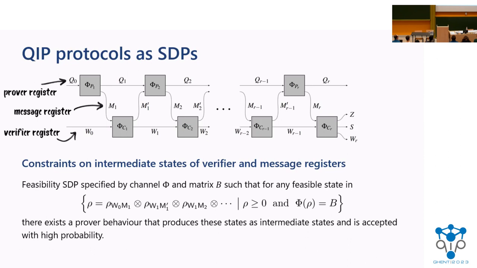So this is the other direction: you show that any state that satisfies these constraints actually corresponds to the intermediate states for some prover that you can construct.